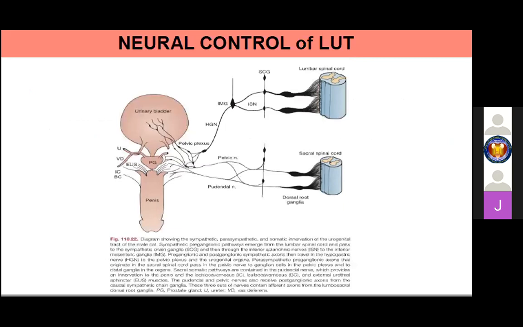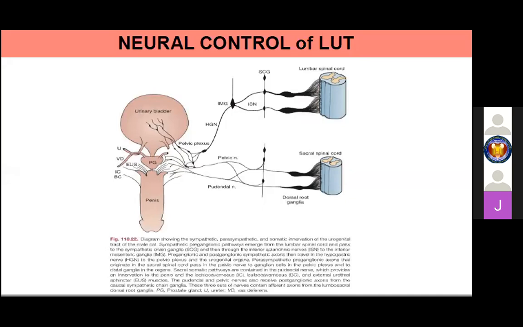Next, please. As you can see in this picture, it basically shows where the sympathetic preganglionic pathways come from, the lumbar spinal cord, as you can see on the right side. Then it passes through the sympathetic chain ganglia and the inferior splanchnic nerves, and then they go to the inferior mesenteric ganglia, where they go to the hypogastric nerve, which is usually the sympathetic nerve.